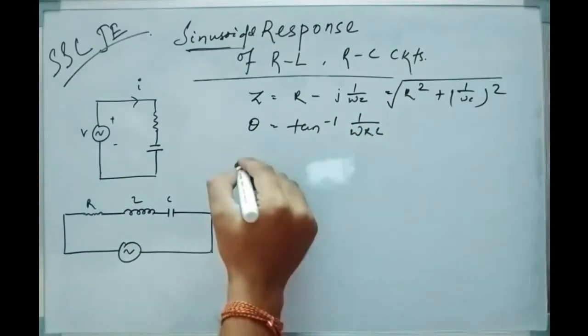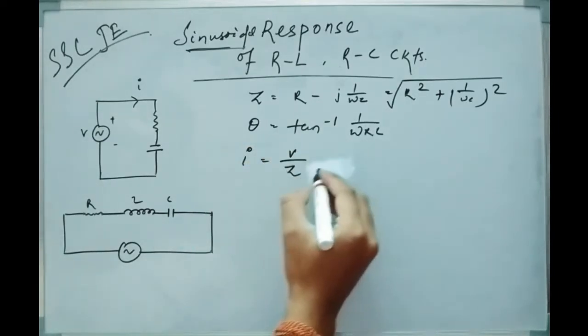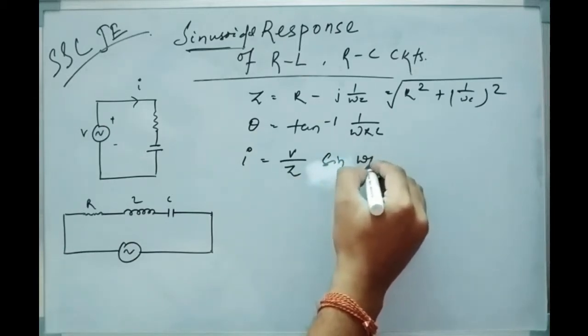So again, the complete equation can be written as I equals V by Z sin(omega t plus theta).